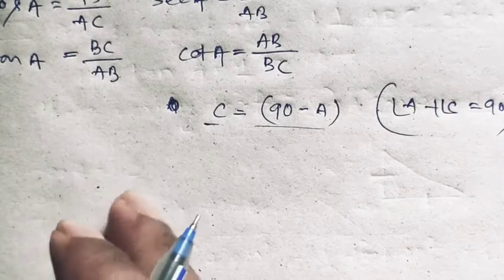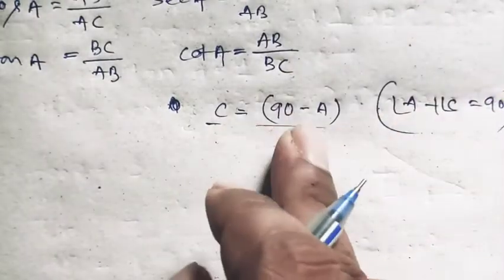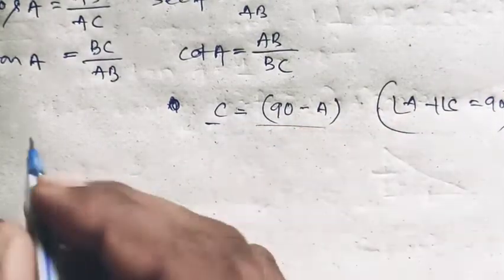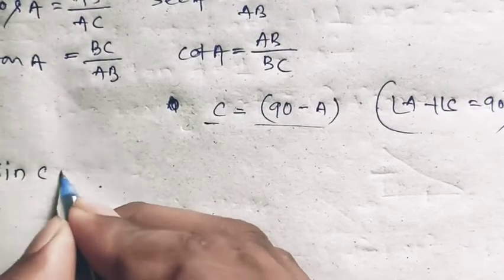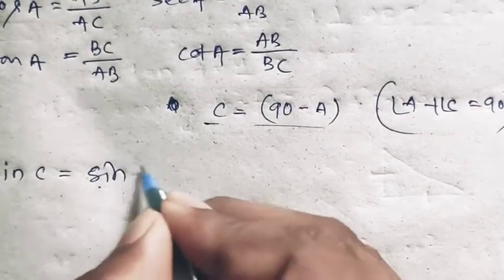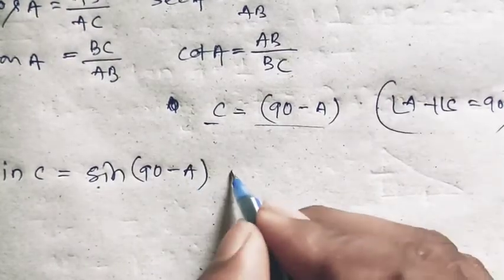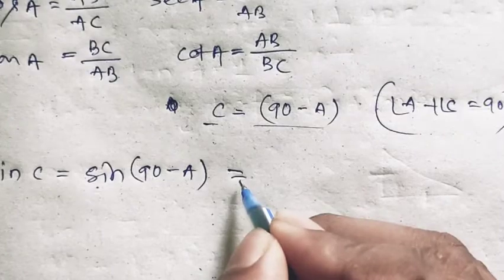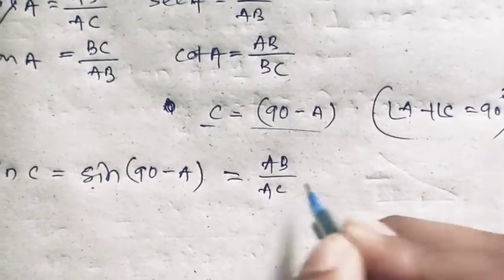Considering the angle C, or the angle 90 minus A, I can write sin C, which is equal to sin 90 minus A, is equal to AB by AC.